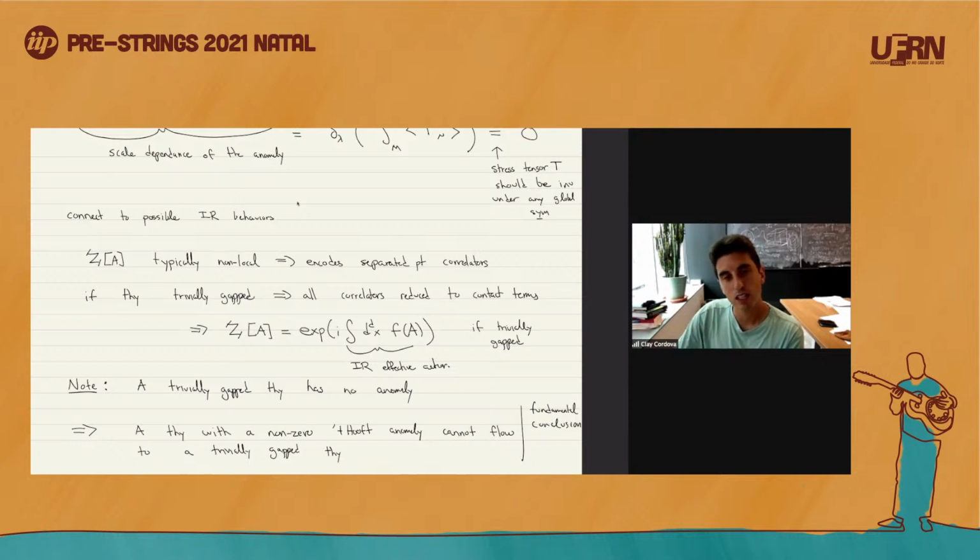Let's go to some lore about Yang-Mills theory. If I had one more lecture, I would have applied all this formalism to tell you something about the infrared of Yang-Mills theory. Pure SU(N) Yang-Mills theory is commonly believed to be trivially gapped at long distances, meaning it's not just gapped, but there's not even any topological field theory there.